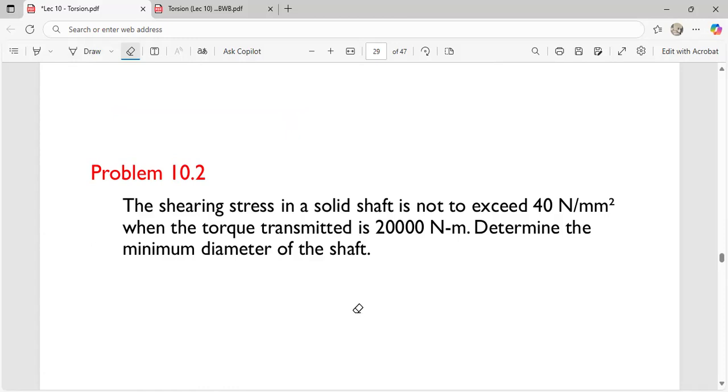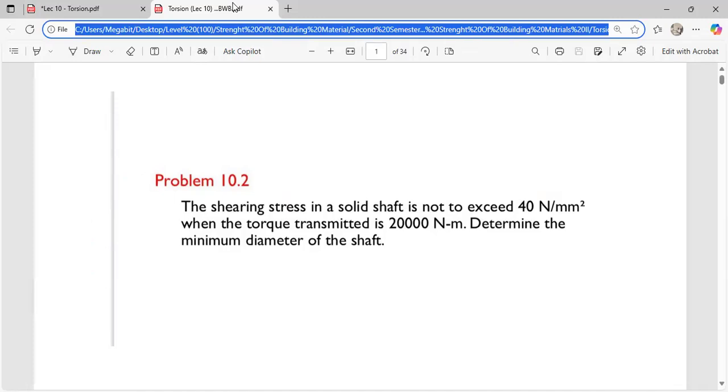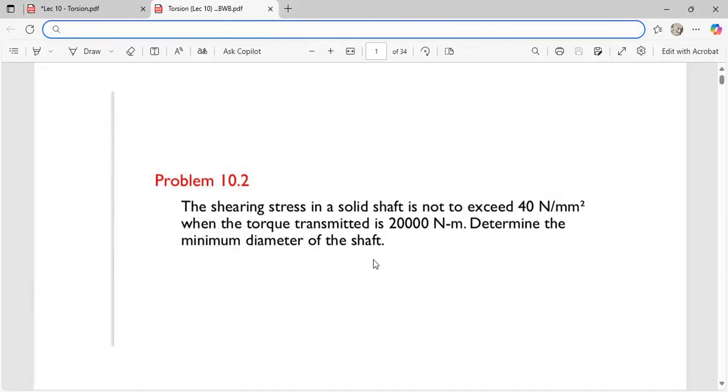The question says that the shear stress in a solid shaft is not to exceed 40 Newton per mm squared when the torque transmitted is 20,000 Newton meter. Determine the minimum diameter of the shaft.